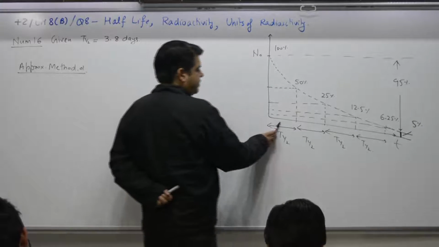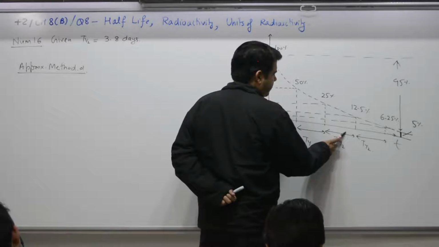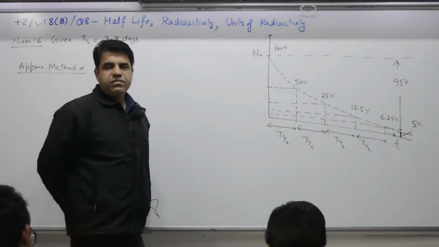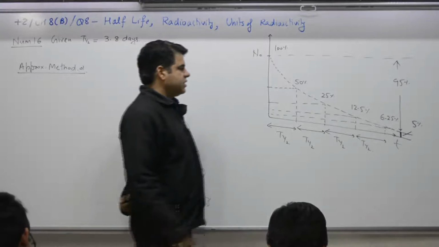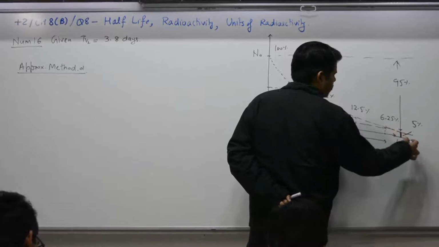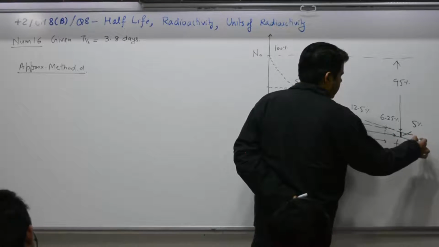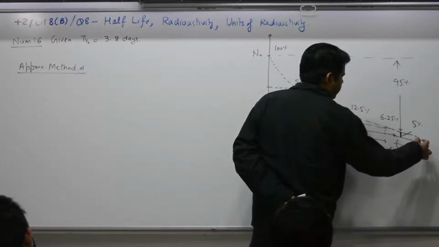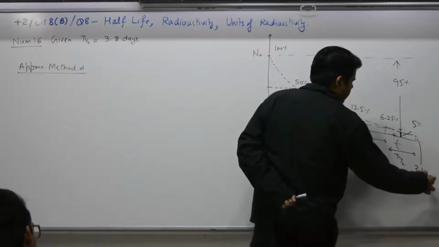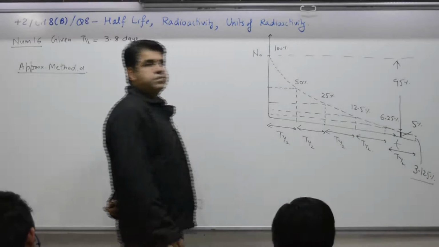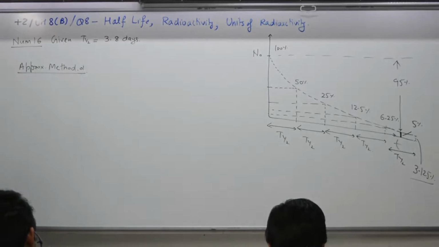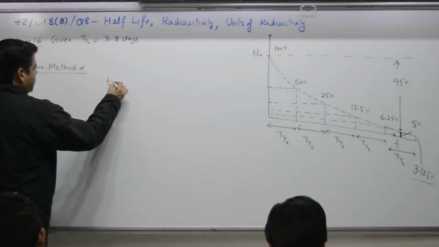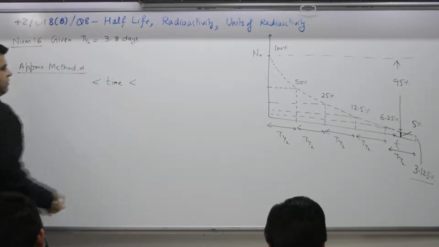One half-life 50%, two half-lives 25%, three half-lives 12.5, four half-lives 6.25 and further this value reduces to what? 3.125 in how many half-lives? 5. This value is 3.125%. So by the approximate method, this time will come out to be more than how many half-lives and less than?